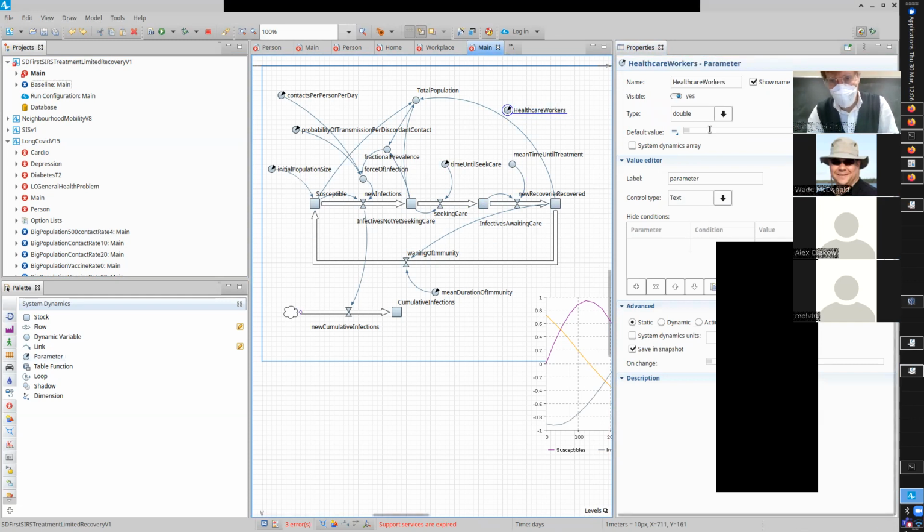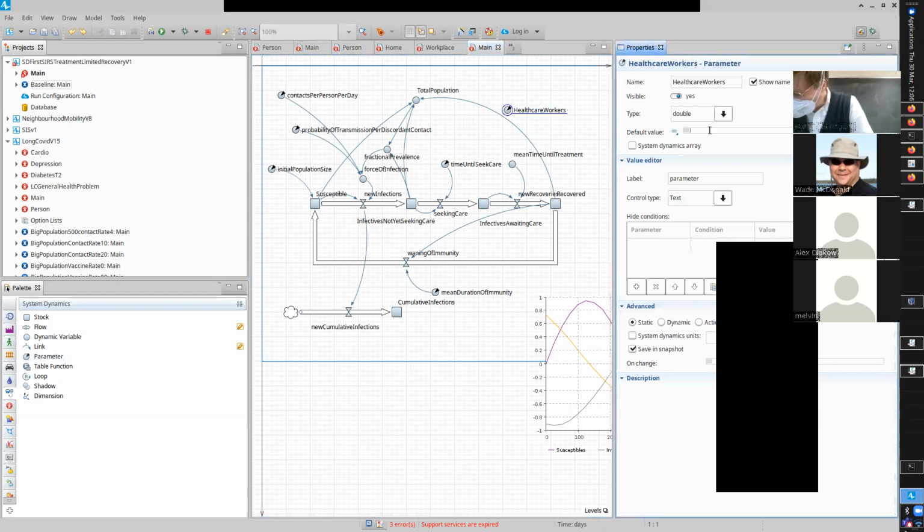There should be some number of them, and by default, we'll say that there are, let's say, 30 of them or 50 of them. Okay, 50 healthcare workers.